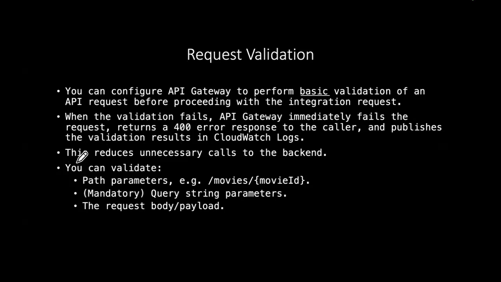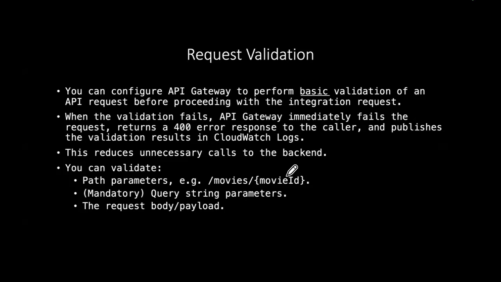What can you validate using this approach? You can validate path parameters. For example, if this is the endpoint, this is a path parameter. Now, all you can do from a validation point of view is check to see, was there a parameter included in the request? You can't do anything like, is it a valid movie ID?